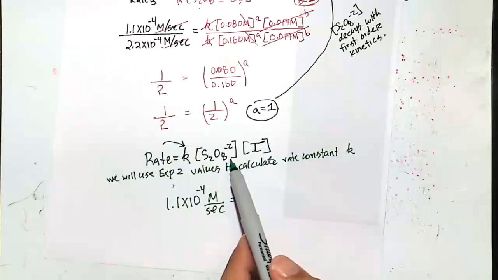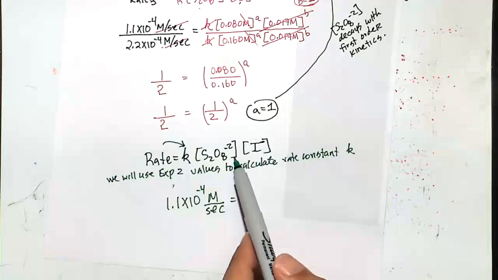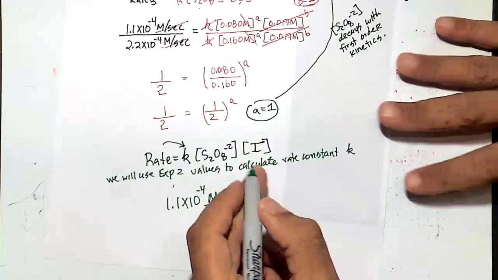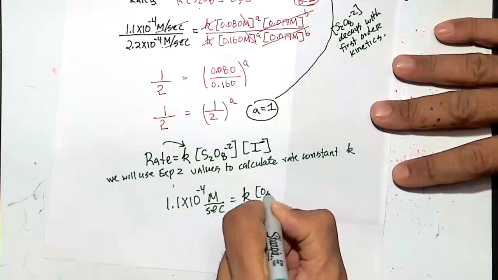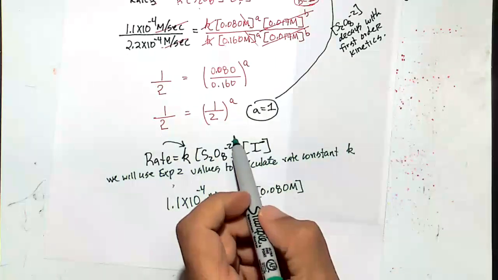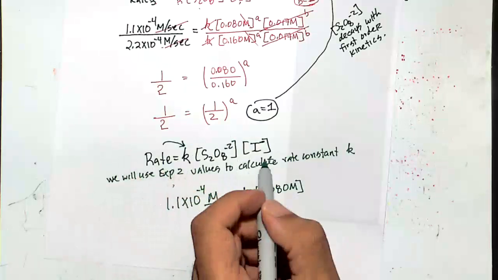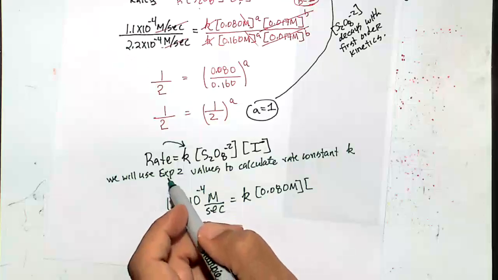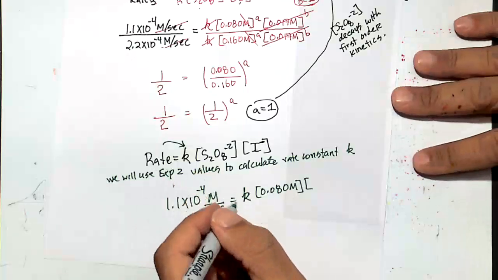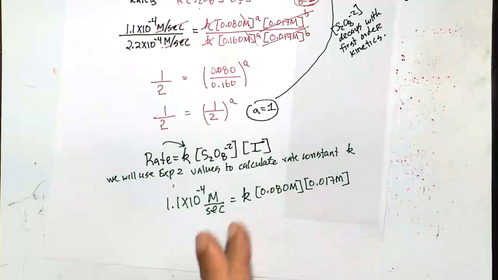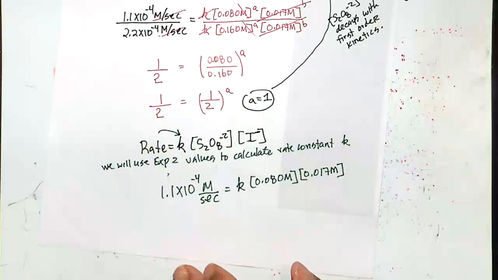What's S2O8 minus 2 for experiment 2? 0.080 M raised to what power? 1, very good. I minus, what's the concentration of I minus for experiment 2? Raised to what power? Also 1, very good.